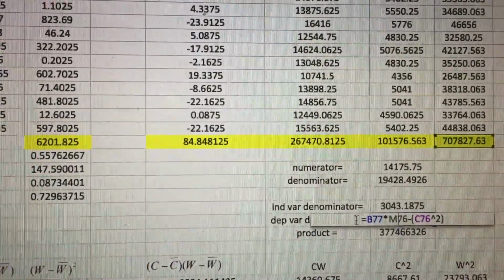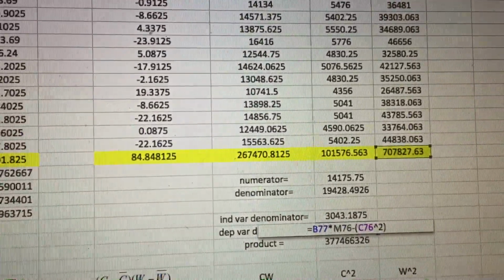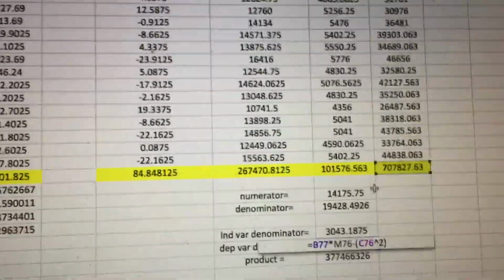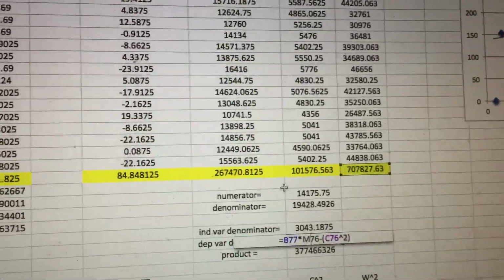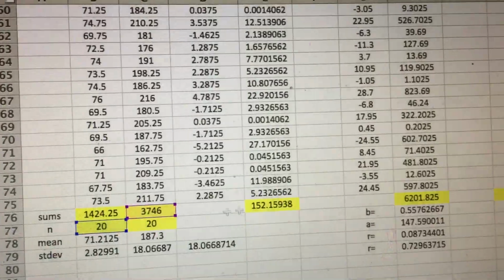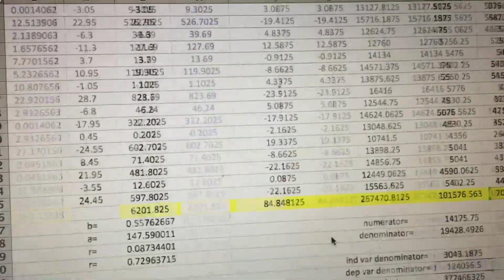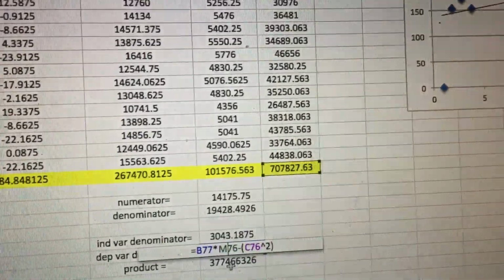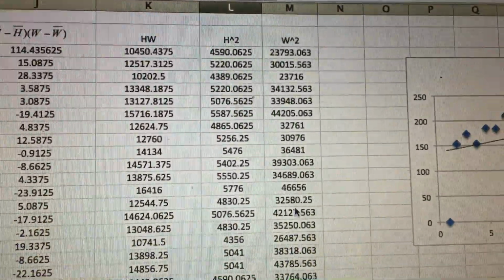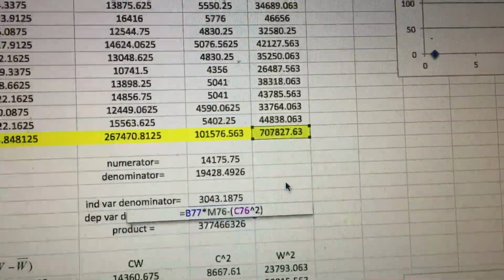Let's take a look. Okay, so we've got the B77, which is this here. No, the count. We got B77, and we timesed it by this number, which is the weight squared, right?